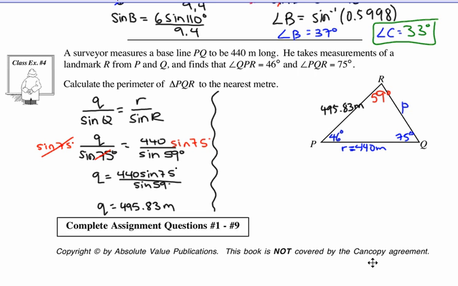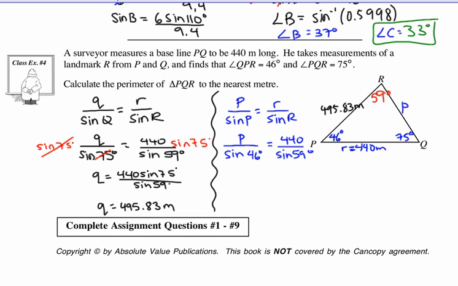Let's find p. It's always good to use the given information, so I'm still going to use r and sine R, and then we'll use p and sine P. Because I'm looking for p, p is going to go in the numerator. So p over sine P equals r over sine R. And p over sine of angle P, which is 46 degrees, equals r, 440, over sine 59.